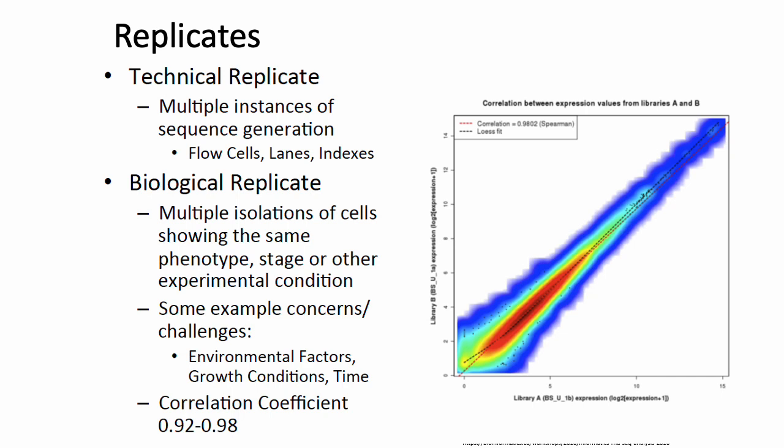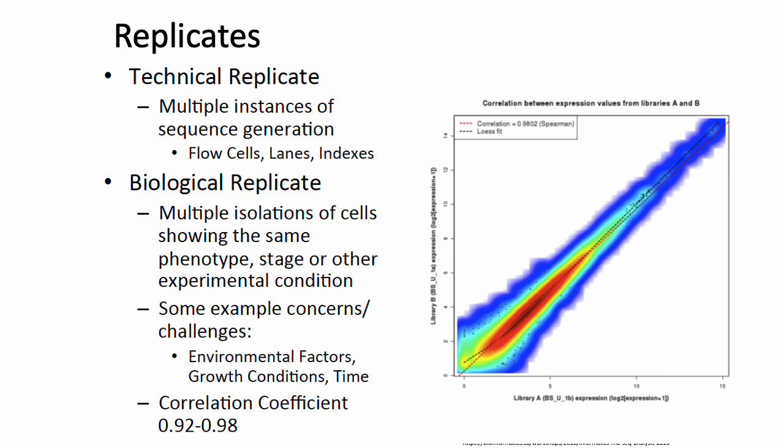So one of the most frustrating aspects of working with RNA sequencing data is that RNA sequencing data inherently has a lot of variability, right? So no two RNA-seq experiments are going to give you the exact same result or exact same expression measurements. And this is basically due to both biological factors and technical factors.